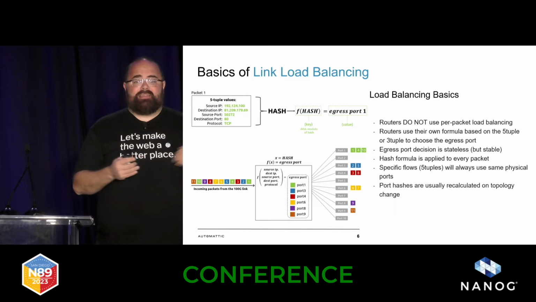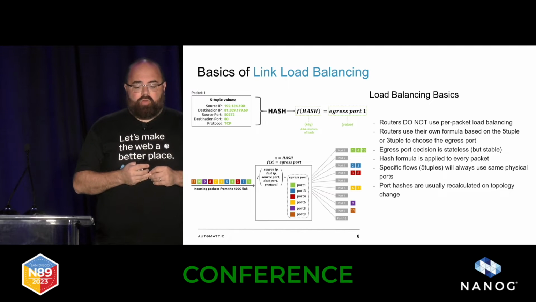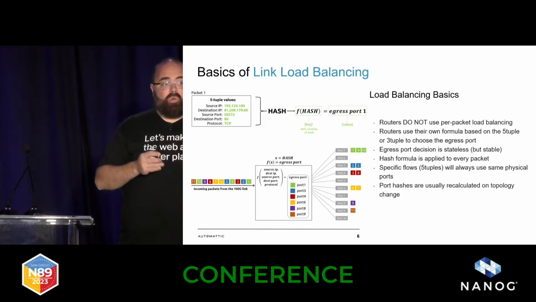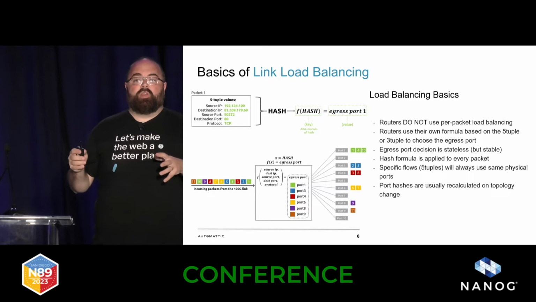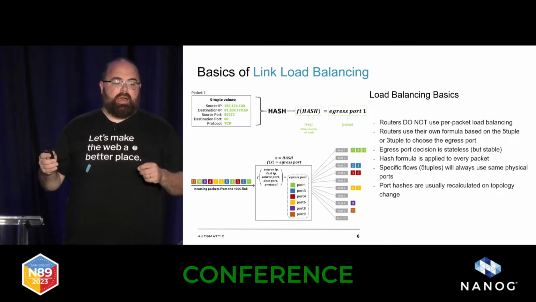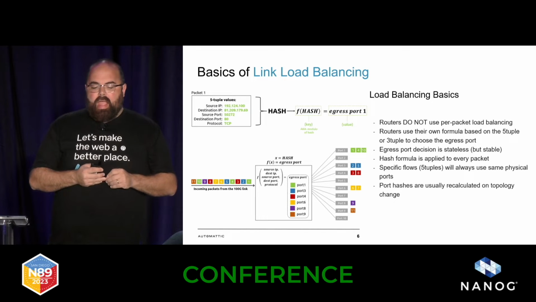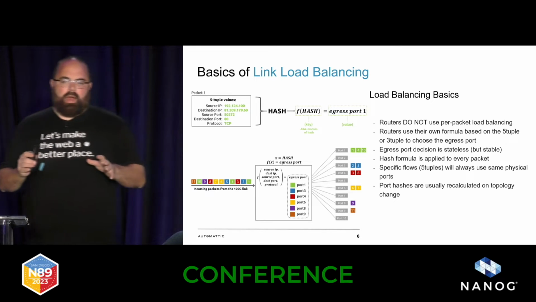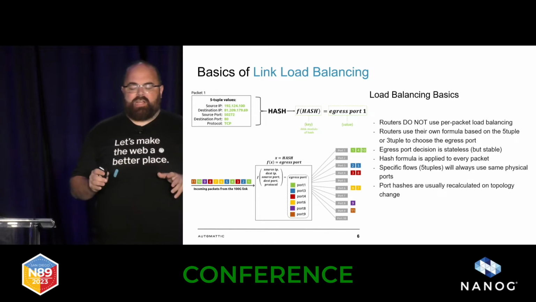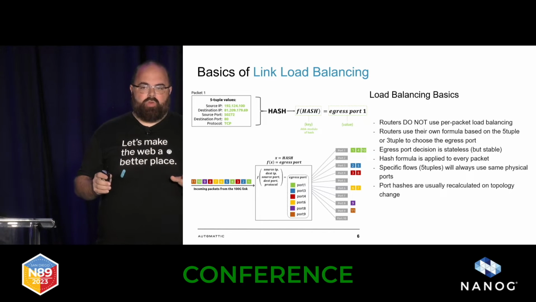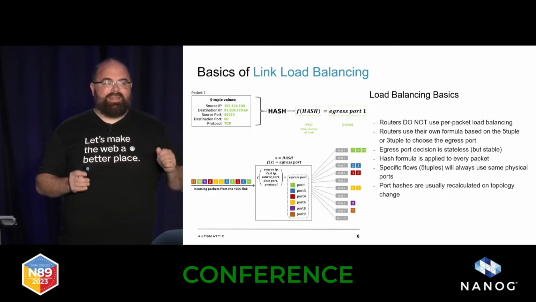Essentially, by using ASICs on the hardware, the router will use that 5-tuple to compute a hash and choose a link index, and then it will send it down the link that was chosen by the routing protocol. It's important to note that the hashing function that routers use is stable, but it isn't stateful.